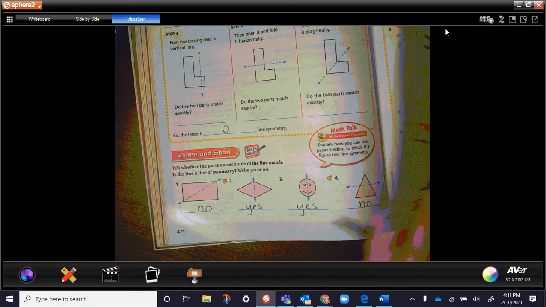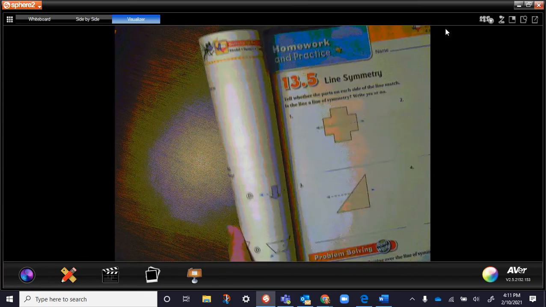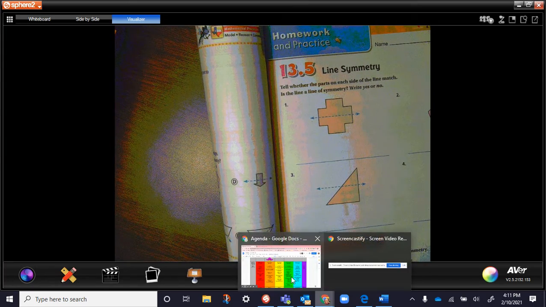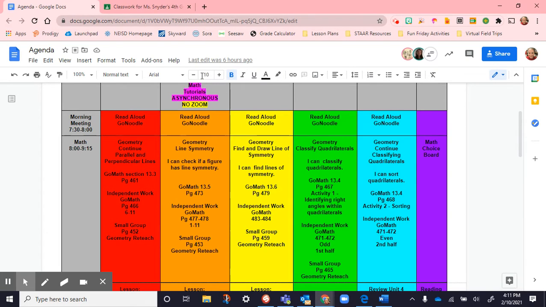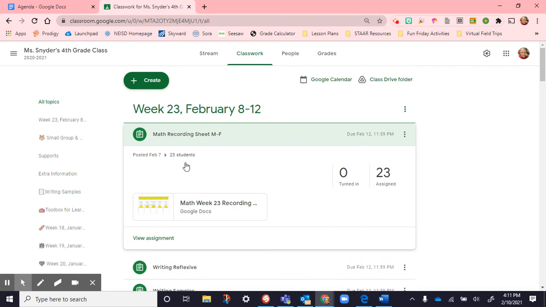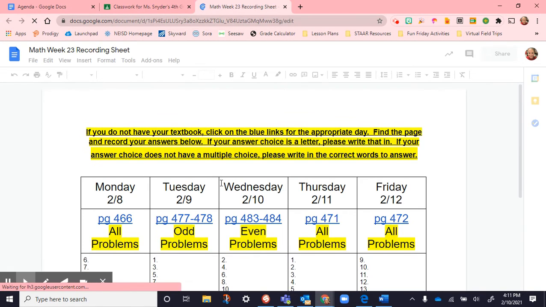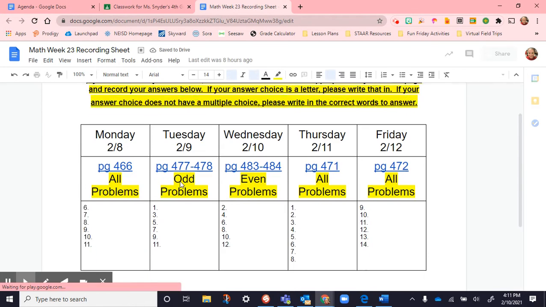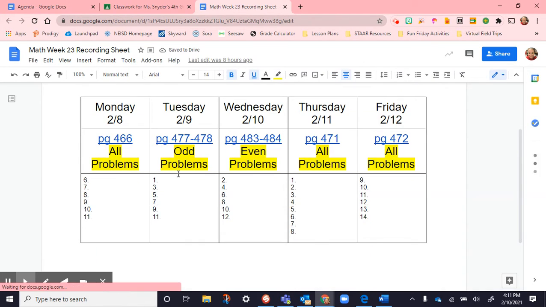Then students had 13.5 homework and practice for their independent work. All of the independent work for the week, if you go to Google Classroom, is getting put on this recording sheet. On Tuesday, they worked on the odd problems, pages 477 to 478, numbers 1, 3, 5, 7, 9, and 11.